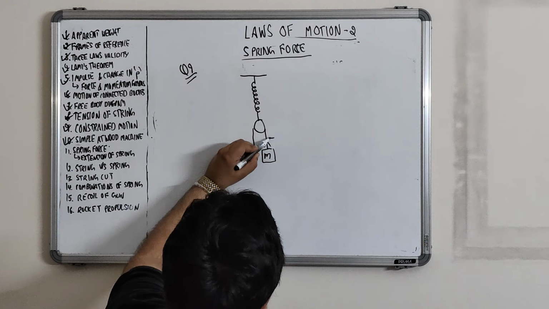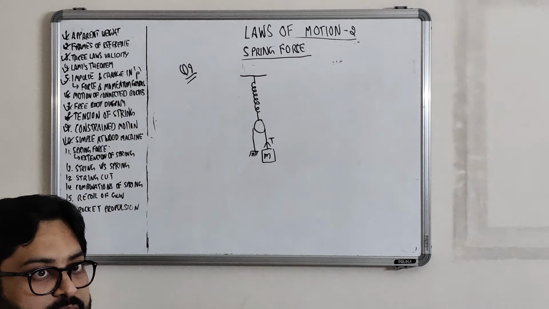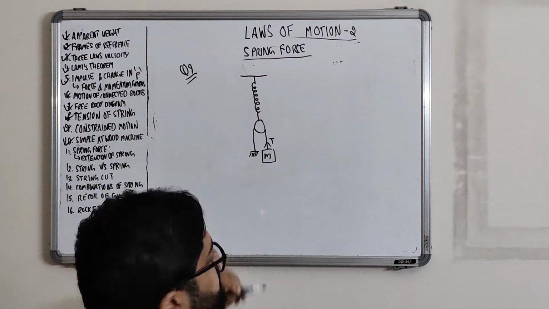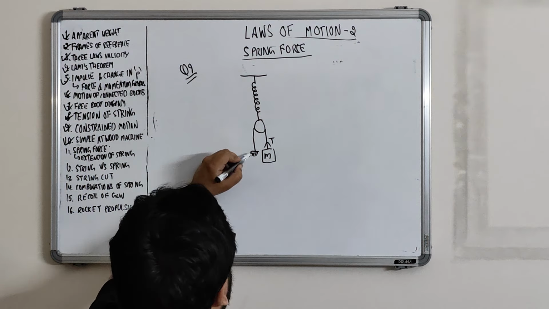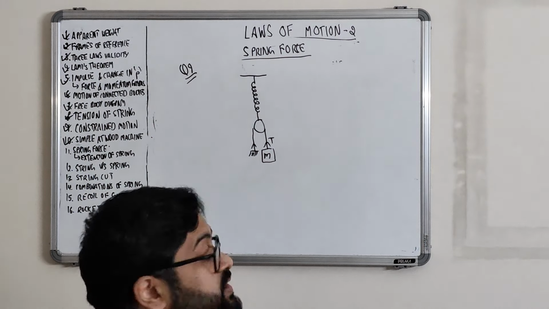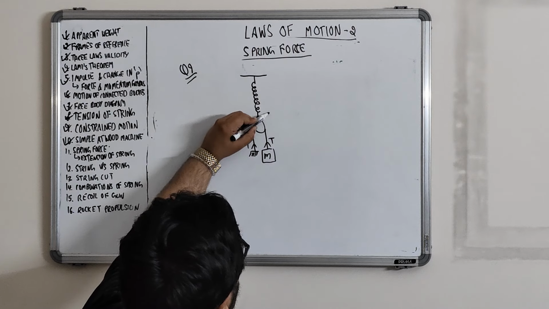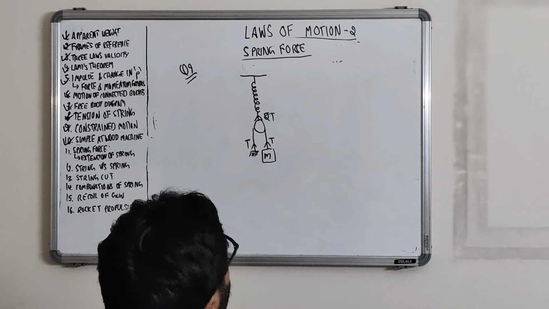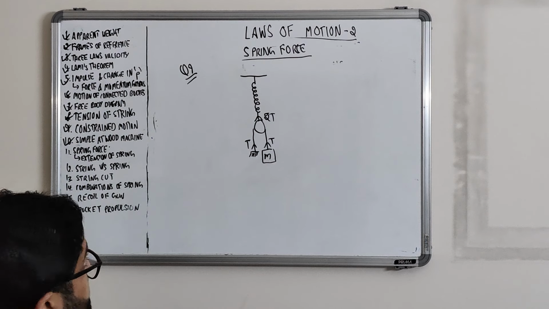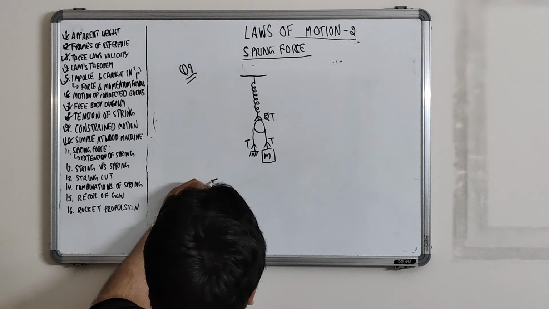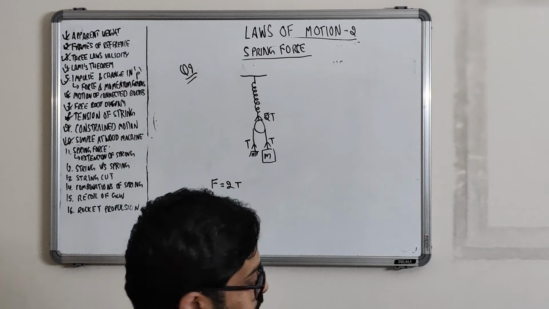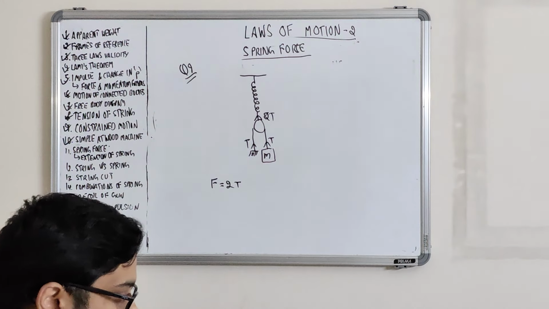Because of this weight there is a tension T in this rope, and as this is a constrained motion, there is another tension T here, therefore you get a tension 2T, which will equal the spring force. So F is equal to 2T.